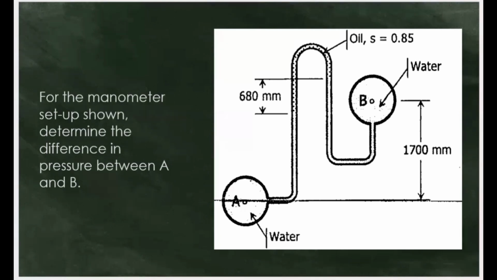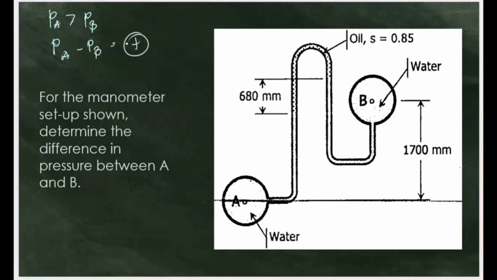So, gumawa tayo ng mga assumptions natin. Let's assume that P sub A is greater than P sub B. If this is the case, dapat yung pressure difference, P sub A minus P sub B, is equal to a positive value.